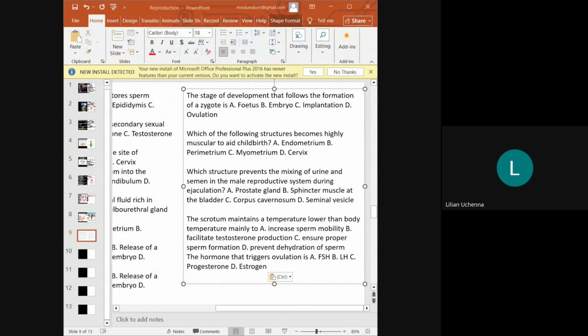Wait, so estrogen. Progesterone and estrogen are very similar; their function is similar. Progesterone mostly works during pregnancy, right?